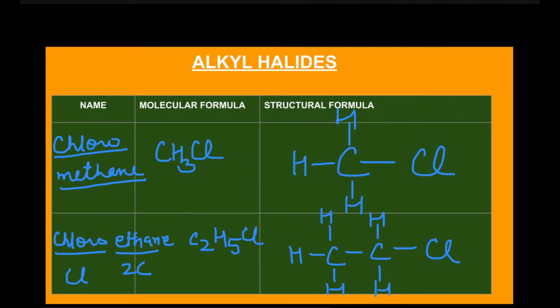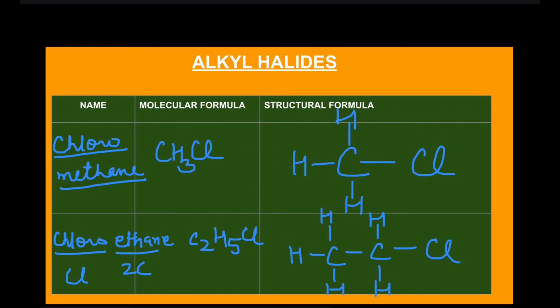Similarly, you can write the next homologues: chloropropane, chlorobutane, etc. on your own. Keep the Cl on one side, otherwise again you have to mention the number of the carbon atom on which the Cl is attached or on which the Cl is bonded.